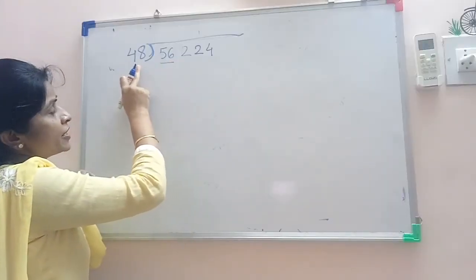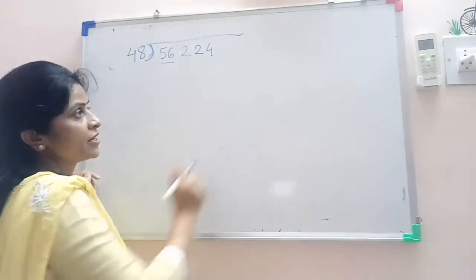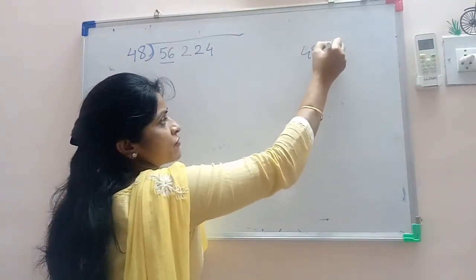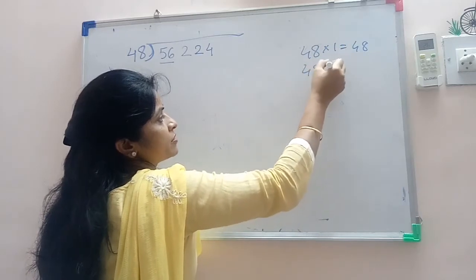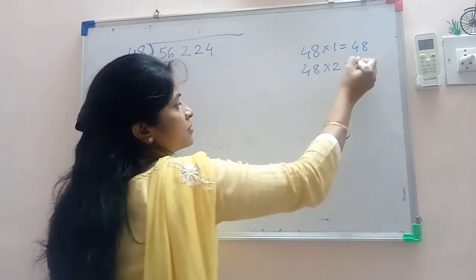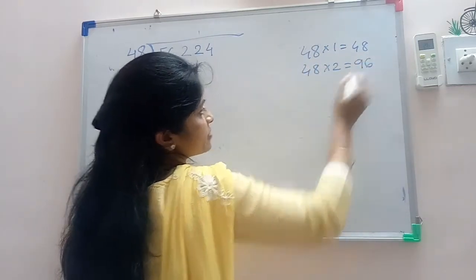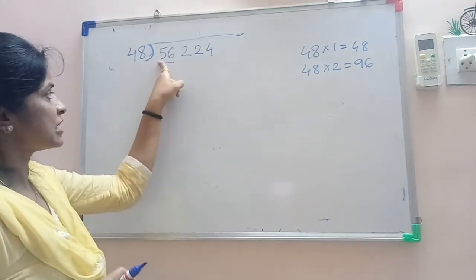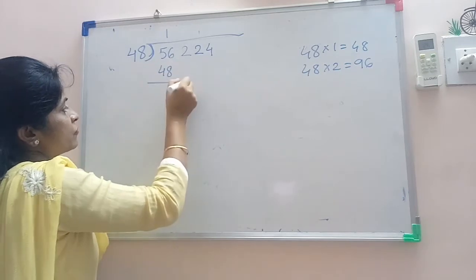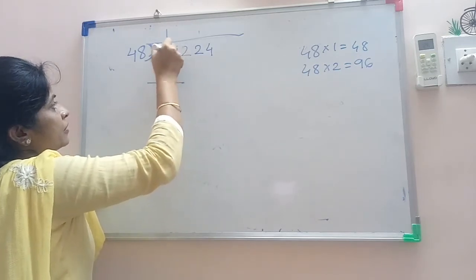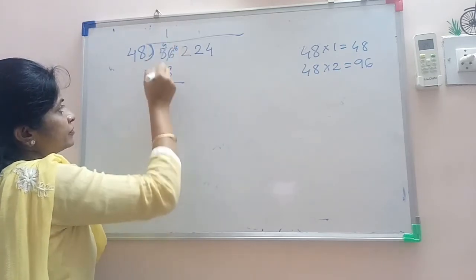Now see the table of 48. 48 ones are 48. 48 twos are 96. Okay, 96 is greater than 56. So we will take 48 ones are 48. Now we will subtract it. That becomes 8.